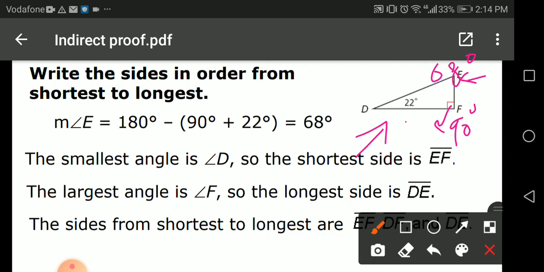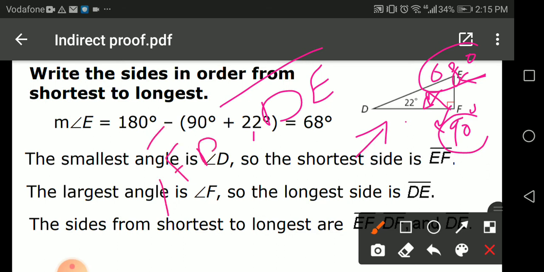The greatest is 90 degrees, so it will be opposite the longest side, which is DE. Then I have 68, which is facing FD. The last one, 22, is facing EF, so EF is the shortest. EF, then FD, then DE.